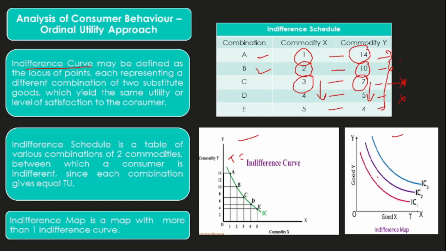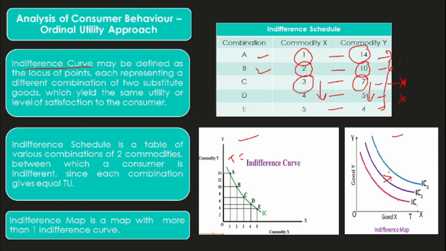But IC2 will also have different combinations of goods Y and goods X, but the level of satisfaction at this will be higher than IC1. So the higher the indifference curve, the higher the satisfaction: indifference curve 3 will have a higher level of satisfaction than indifference curve 2, and indifference curve 2 will have a higher level of satisfaction than indifference curve 1.